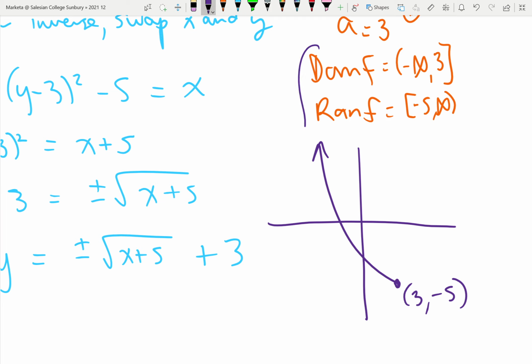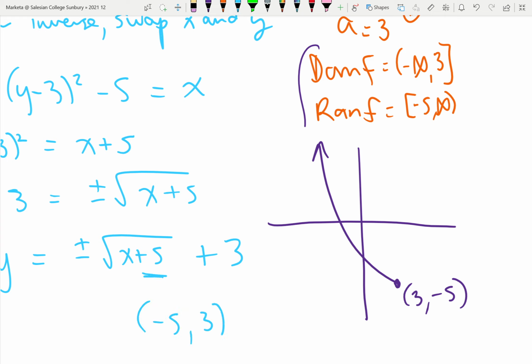So now if I want to sketch the inverse, the domain of the inverse is going to be the range of the original, and the range of the inverse is going to be the domain of the original. So we know that the starting point of our root graph here is going to be at (-5, 3), the opposite of this.